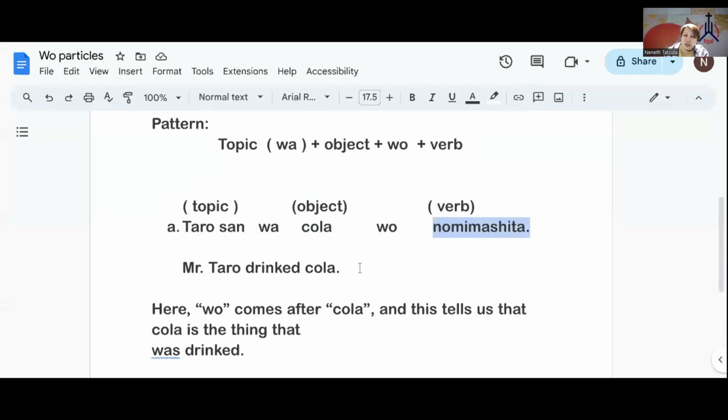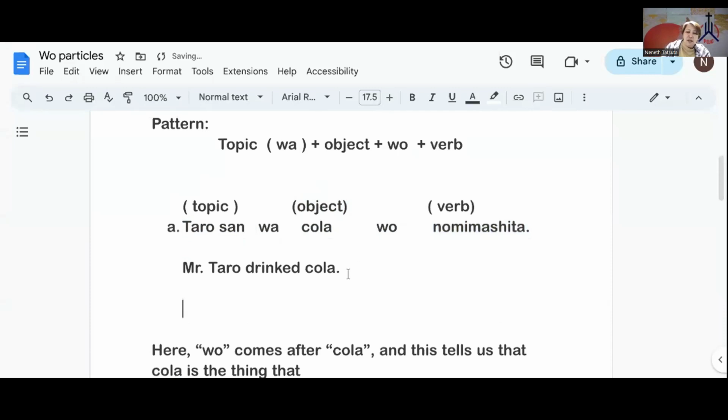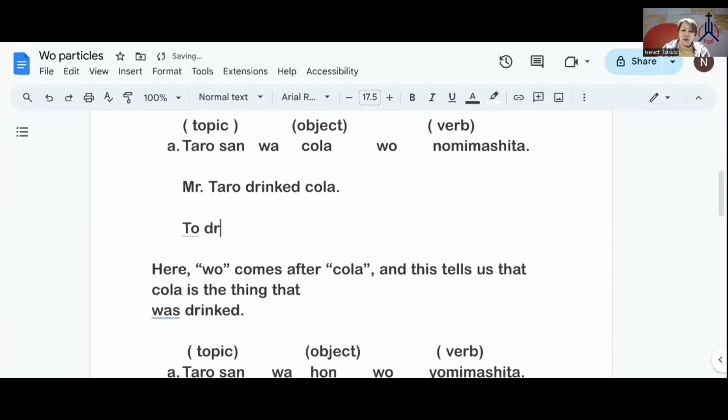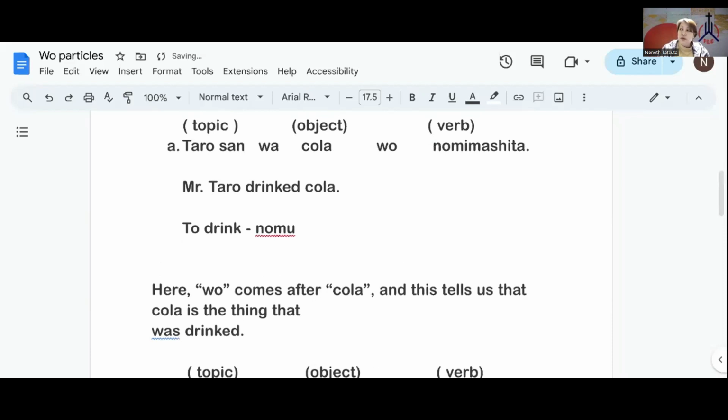Nomimashita. Again, conjugate. Anybody would like to try? To drink is nomu. Past tense of nomu is nonda.